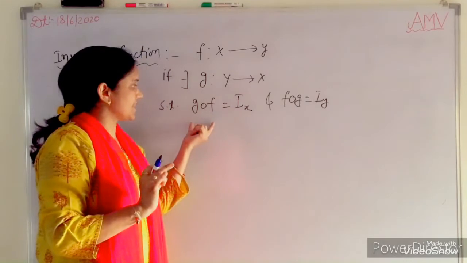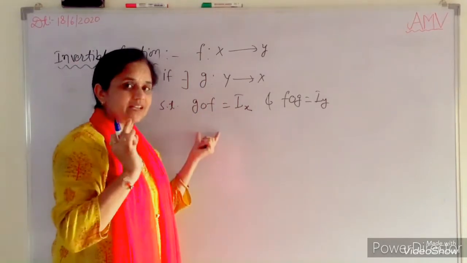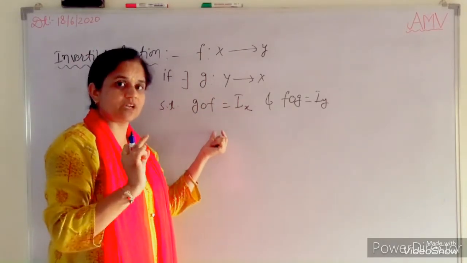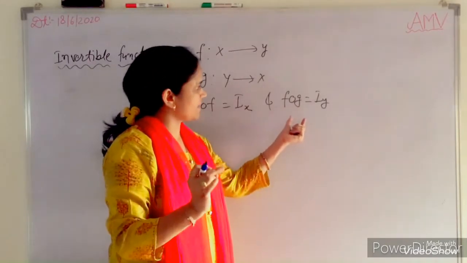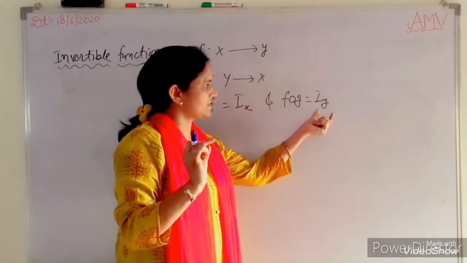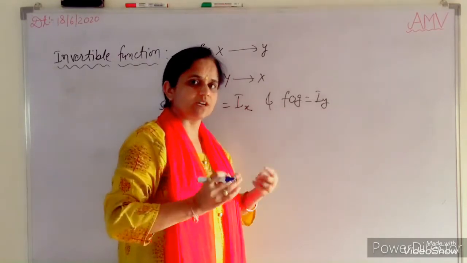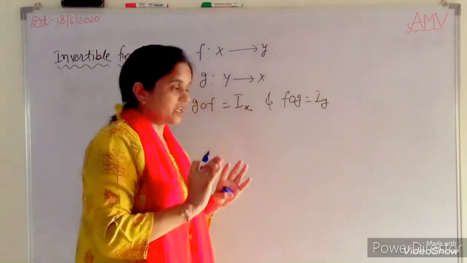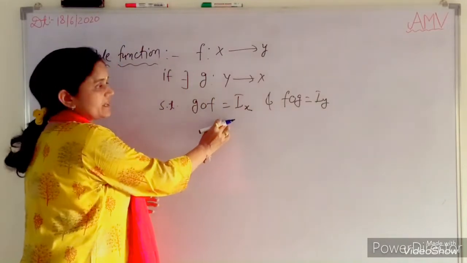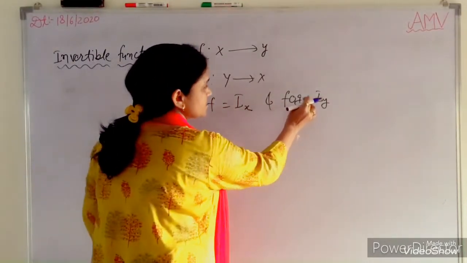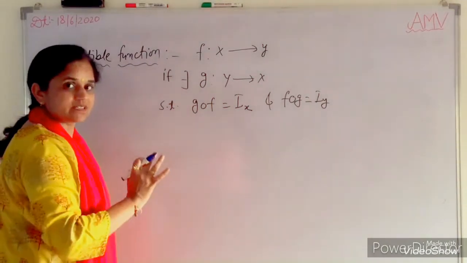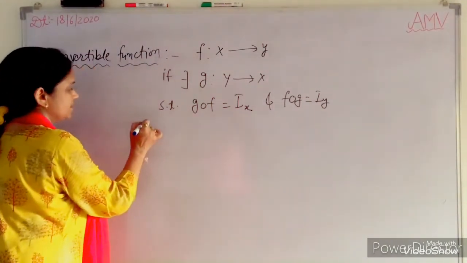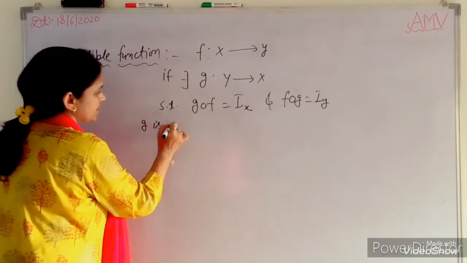It means that the image of an element of X under GOF is x, and the image of any element under FOG is itself. It is known as the identity function.